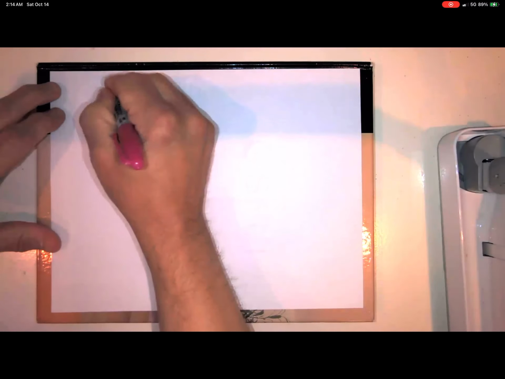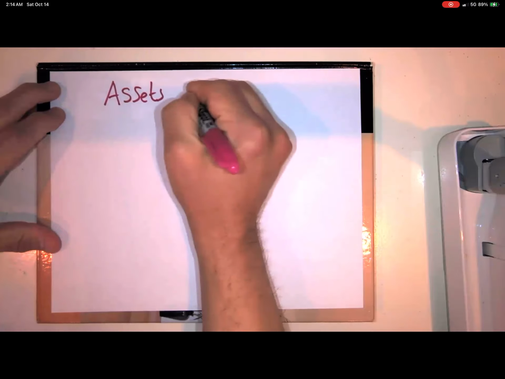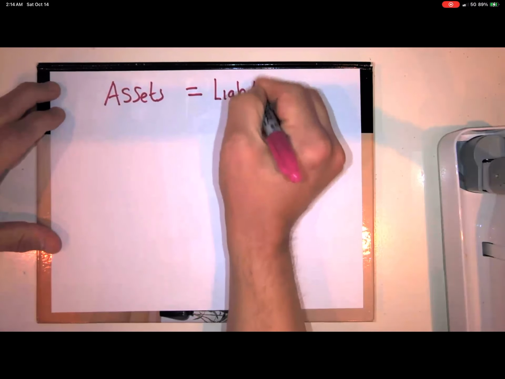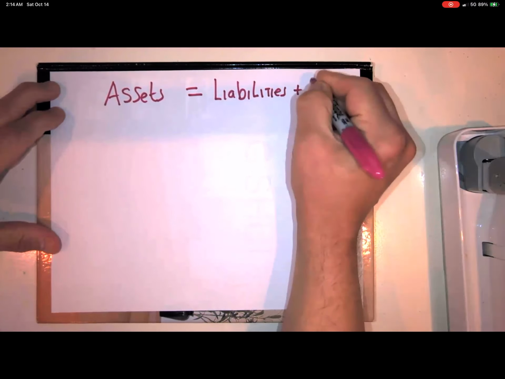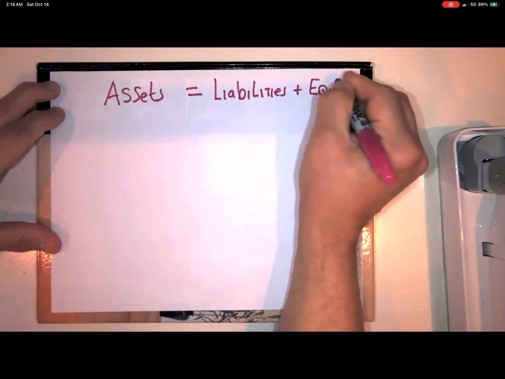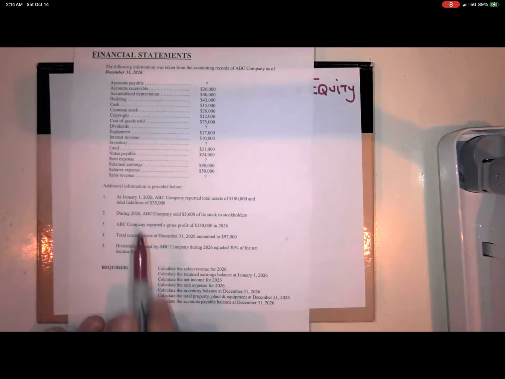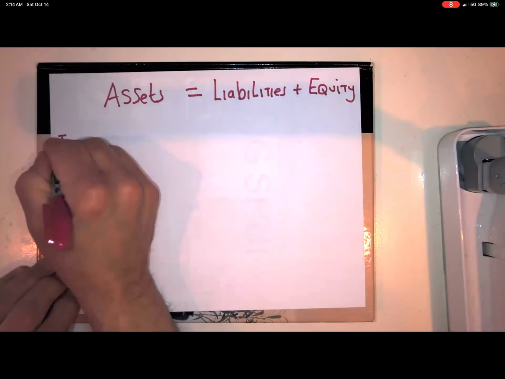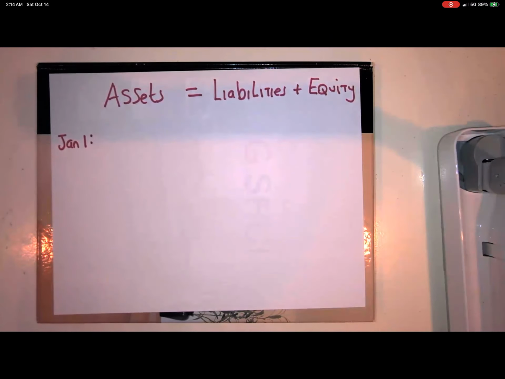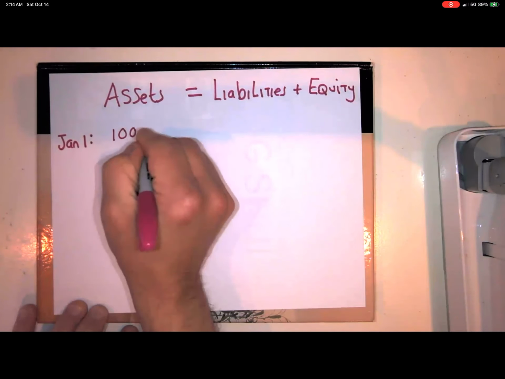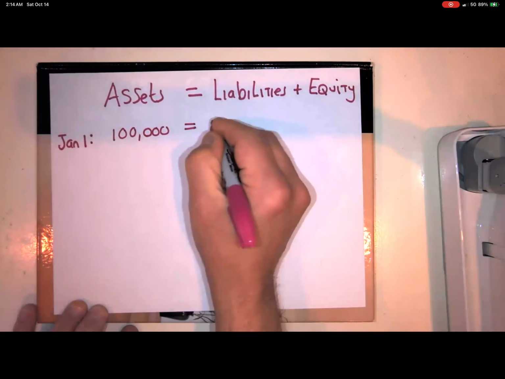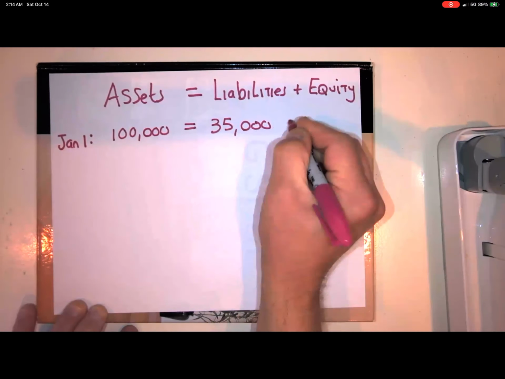And we learned that fundamental accounting equation to be that assets equal liabilities plus equity. A equals L plus E. And good news, additional information number 1 in the problem tells us at January 1st, the assets were 100,000 and the liabilities 35,000.